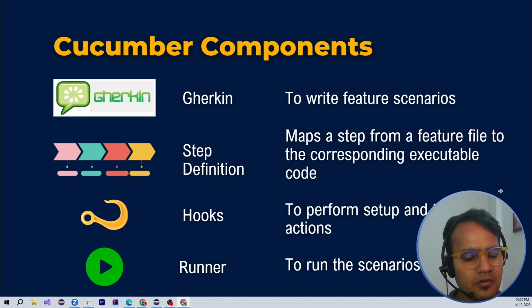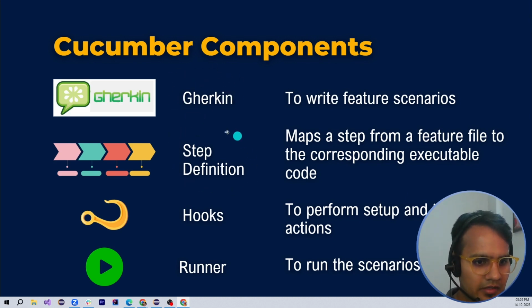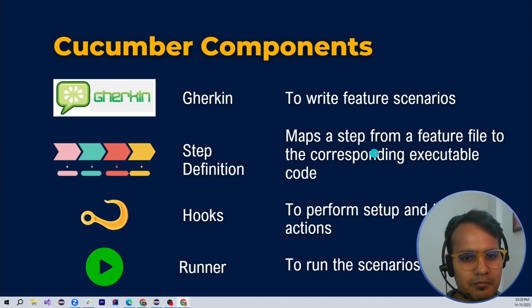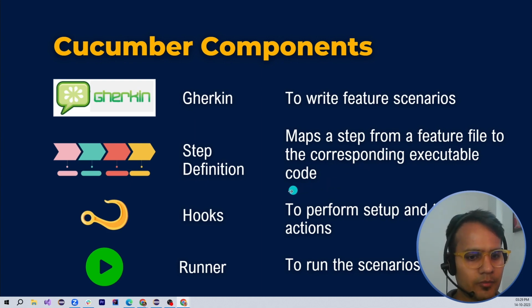That part, performing the action, is going to be done by Selenium. So whatever we have written in Gherkin language, the code to perform that action we write in the step definition. So what is a step definition? It maps a step from a feature file to the corresponding executable code.